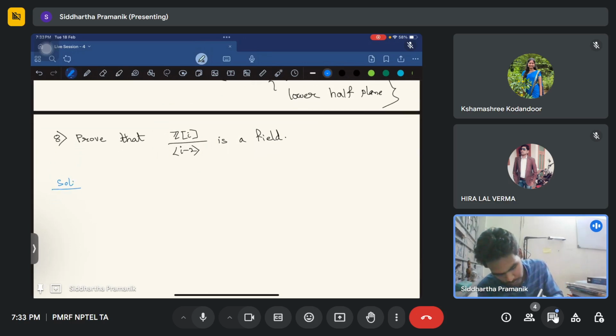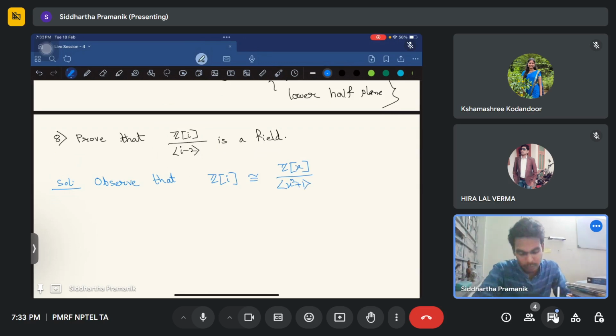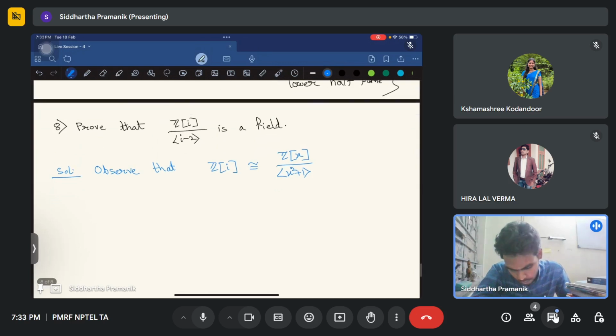Now observe that Z[i] is actually isomorphic to Z[x] mod (x squared plus 1), right? This is something we have been doing in several problems.